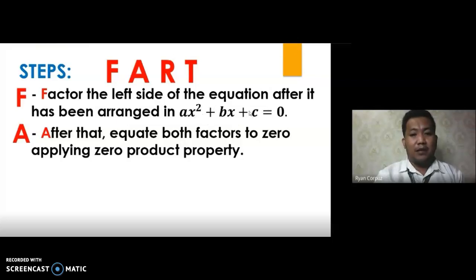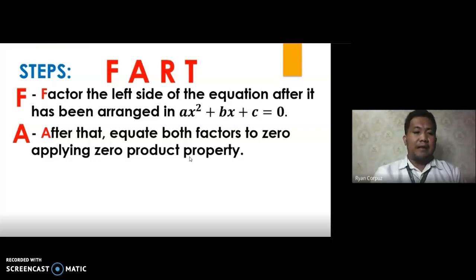It can be a quadratic trinomial, can also be a binomial. So we are going to factor it by using the subtract method that we have introduced earlier, and also the common monomial factoring. Then after you factor that given quadratic equation, that's the time now that you are going to apply the zero product property, wherein you are going to separate both factors, then equating it both into 0.